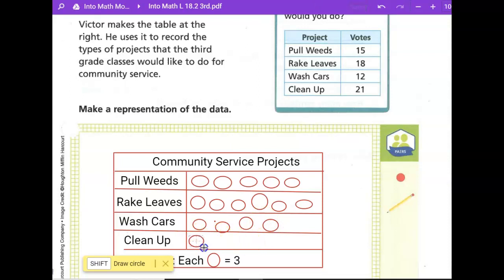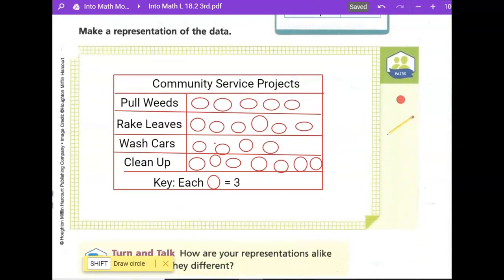So we have to get 7 circles in here. And 7. So there is our graph. Each circle stands for 3.